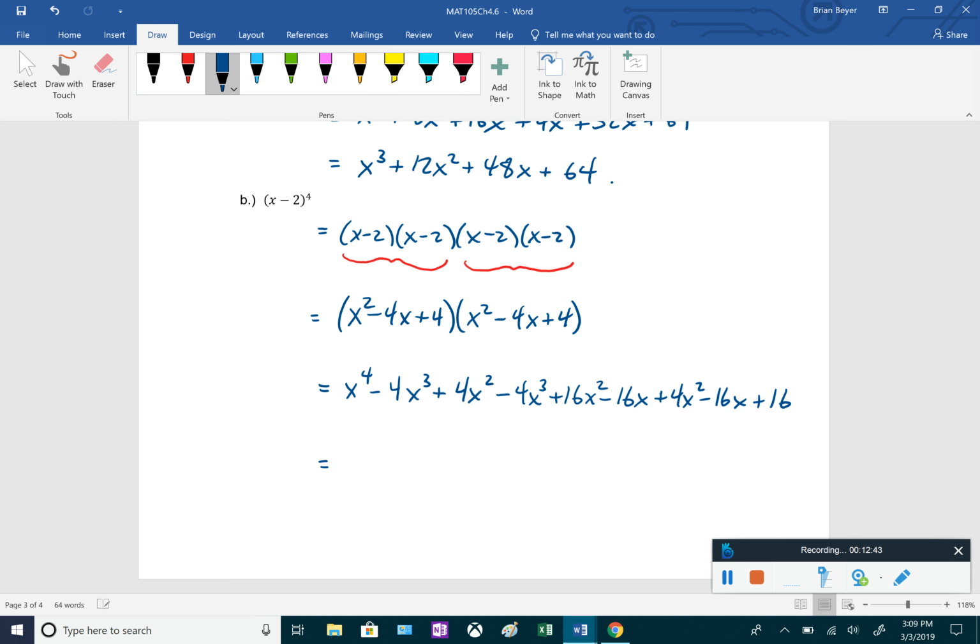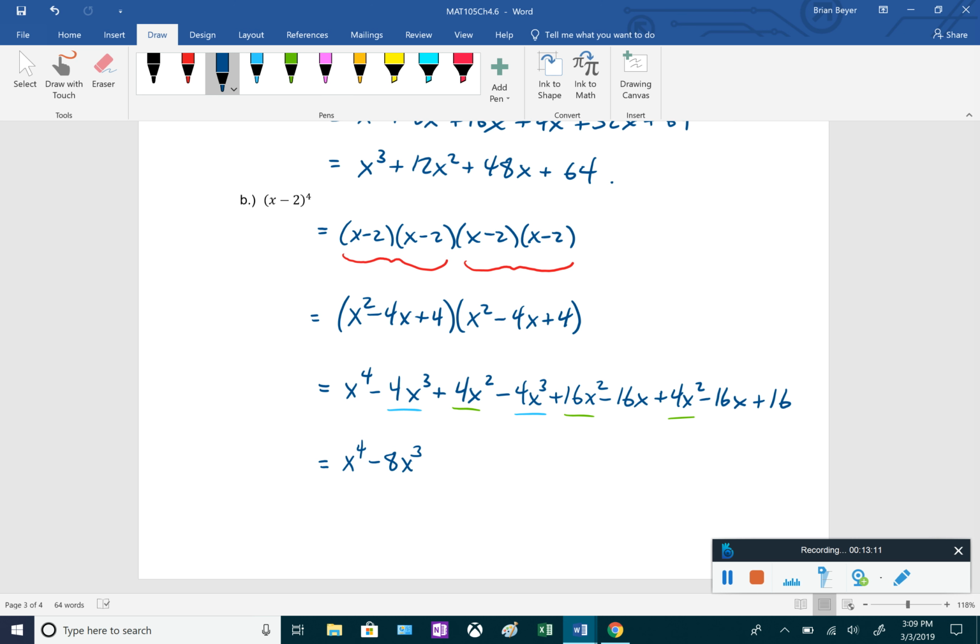And then we just have to combine like terms. So we end up getting x to the 4th. We have an x cubed term here, x cubed term here. Negative 4 minus 4, that's negative 8x cubed. And then next for the squared, we have 4x squared plus 16x squared plus 4x squared.